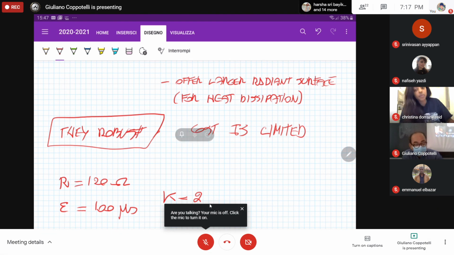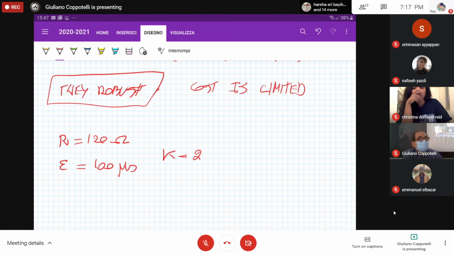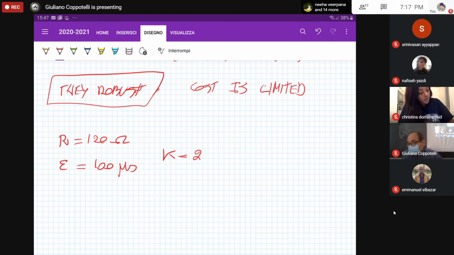The question is, what is the expected change of resistance in such a configuration? Remember, the change of resistance with respect to the reference resistance is given by K epsilon. Now, if you plug in numbers, you find that the relative change of resistance is 2 times 10 to the minus 4.